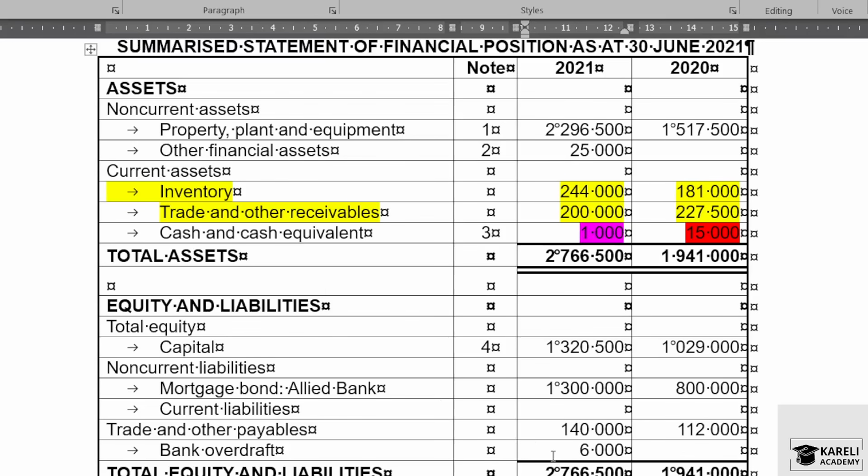And we also have 6,000 as our bank overdraft.